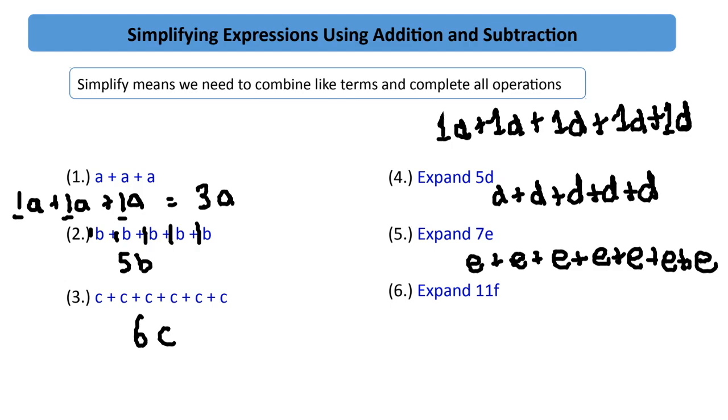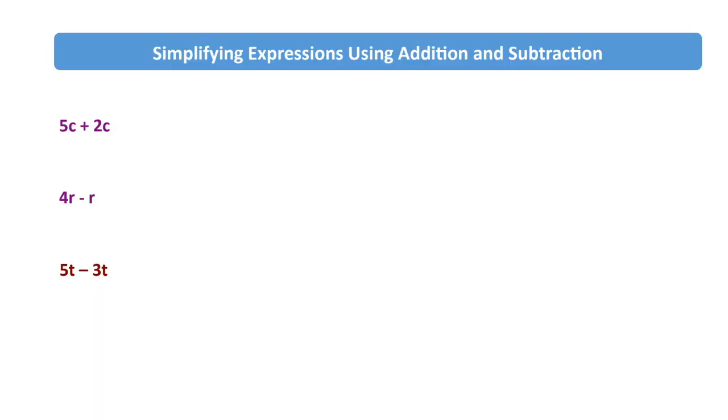So now let's look at questions that don't just have a 1 in front, right? Let's look at something that has, so we have a 5c plus a 2c. So we're going to look at the coefficient in front. Well, first, actually, we're going to look and say, do I have the same variable? I have a c and a c, and they both have an exponent of 1, but again, mathematicians are lazy, we don't write the 1.